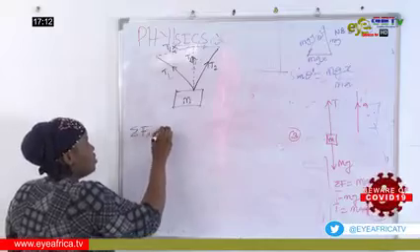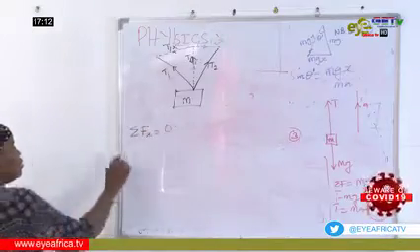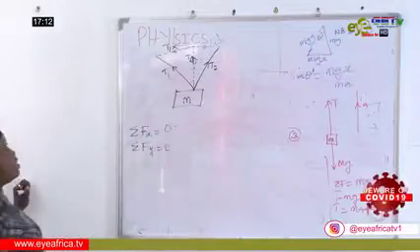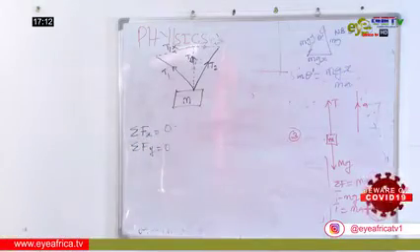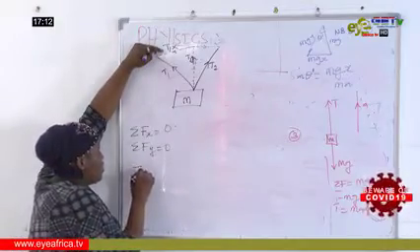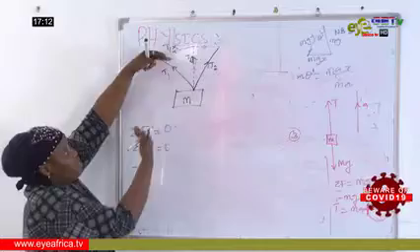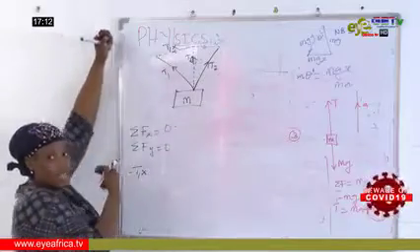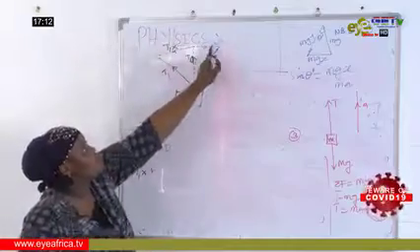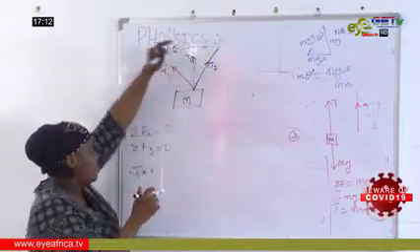Good. Now, if this is extracted, you will notice that the sum of forces on X will be 0, and also the sum of forces on Y will be 0. Now, let's identify the forces acting on the X-axis. For T1, we have T1 of X, which is to the left, so we give it a negative sign, plus, because we are taking the sum, and the other force will be positive, because the arrowhead points to the right.